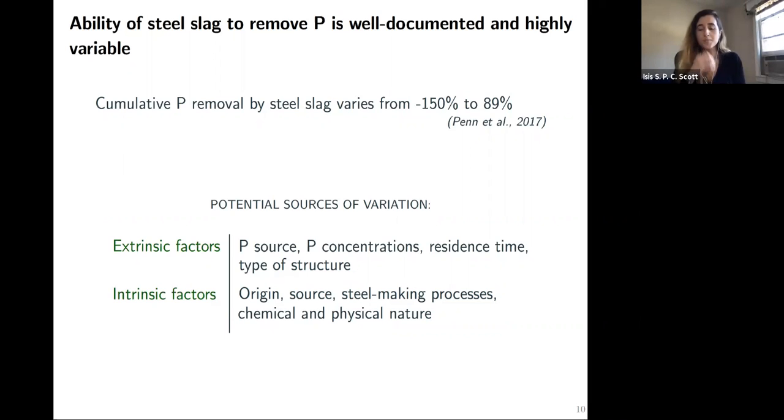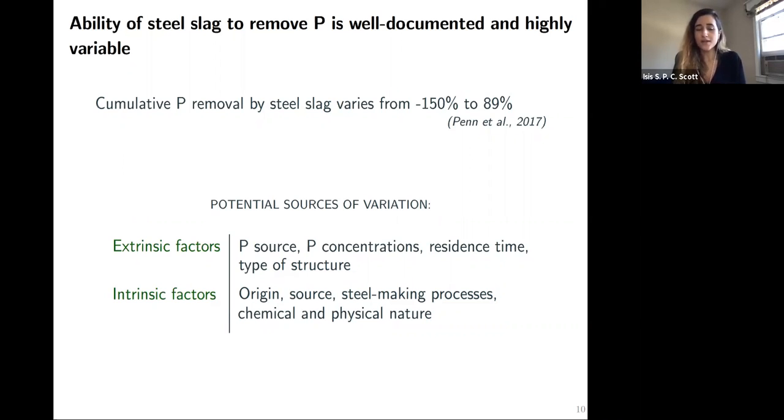The first one being extrinsic factors, which include phosphorus source, for example, which can be from wastewater or from tile drainage, phosphorus concentrations, since we know that some of these removal mechanisms are concentration driven, residence time, which is the contact time between the PSM and the incoming flow, and the type of structure.